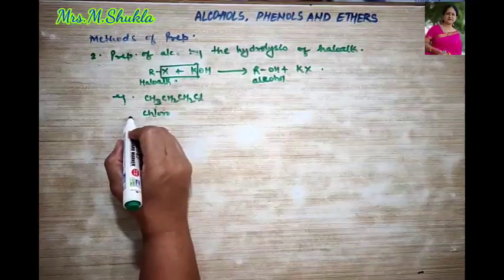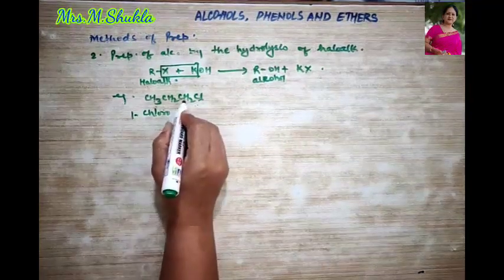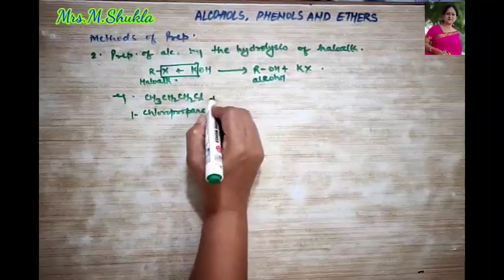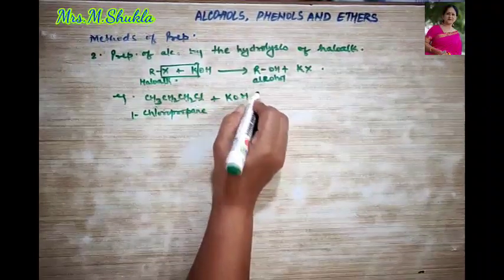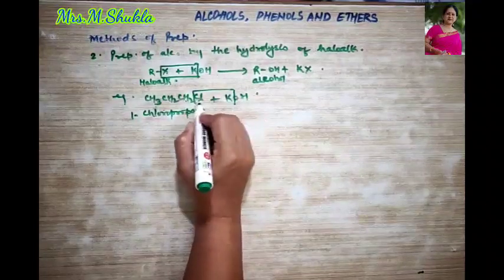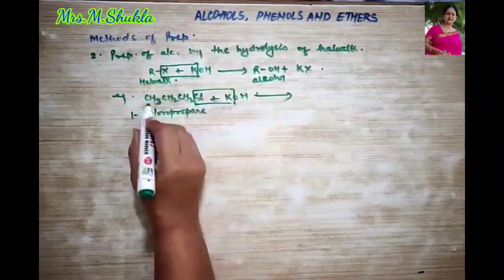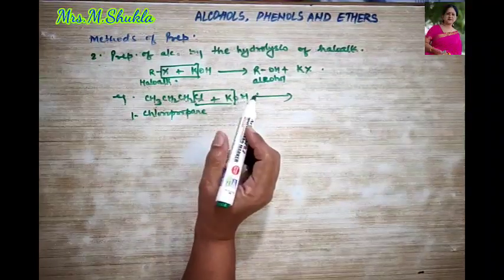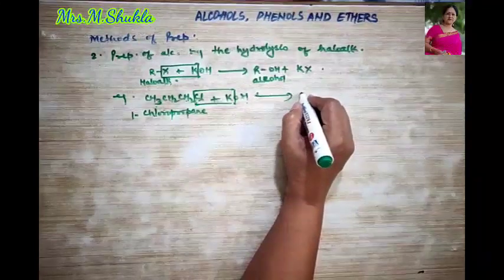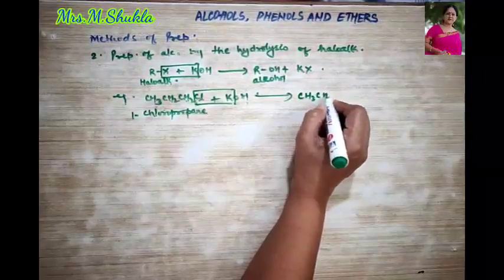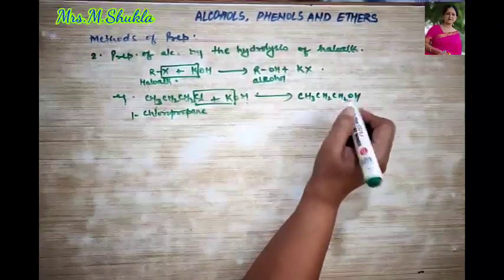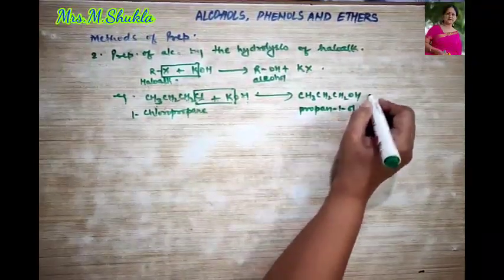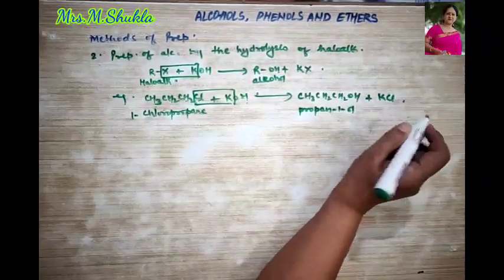Otherwise, it would have been 1-chloropropane. 1-chloropropane when treated with KOH forms propanol. So the formula becomes CH3CH2CH2OH. This is called propan-1-ol, plus KCl.